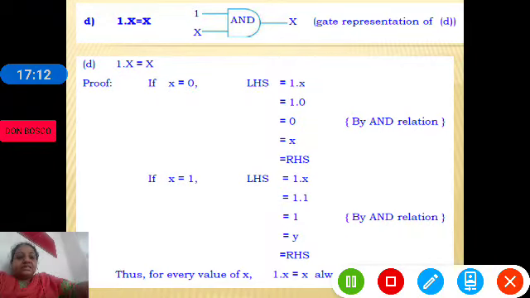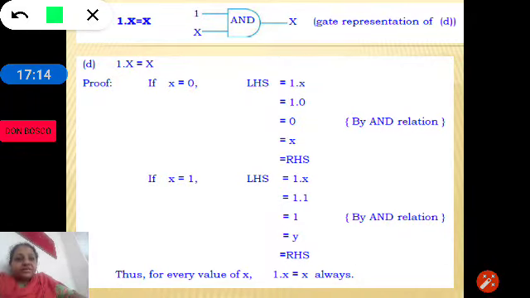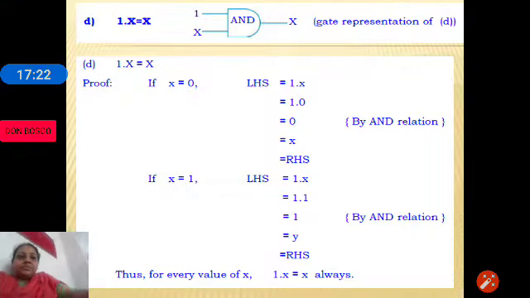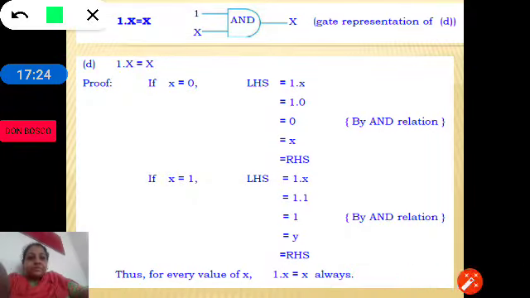There is a small mistake in the textbook. This value is the x value, not y. So you can see in the example, 1 ANDed with x is equal to x.